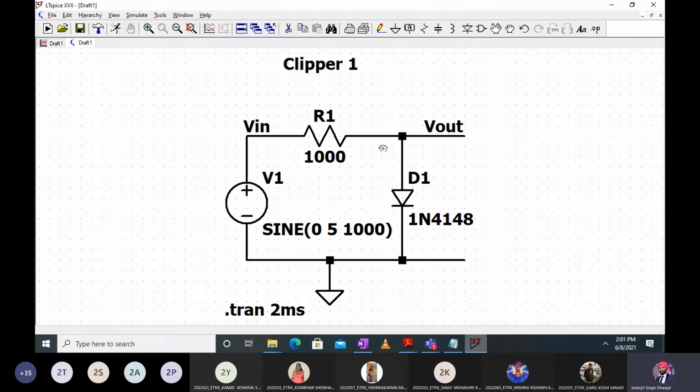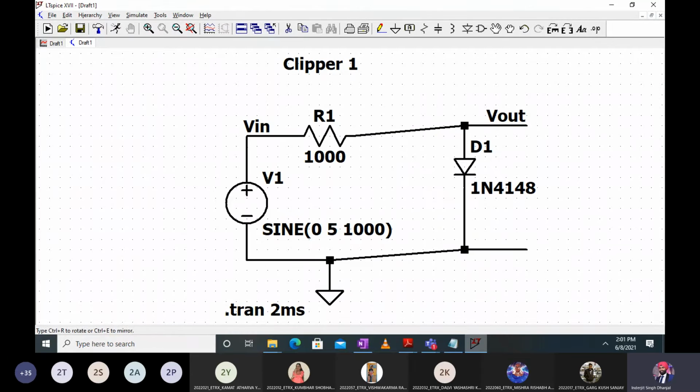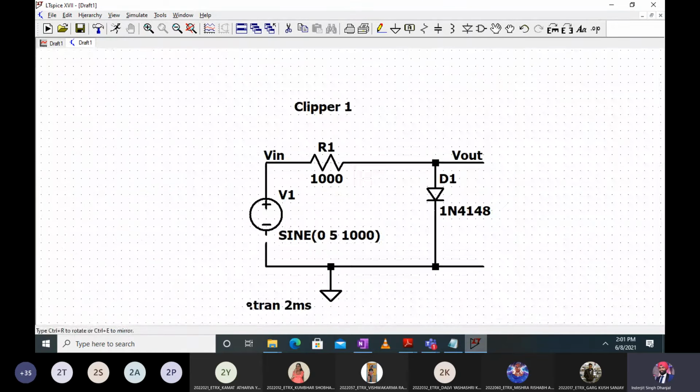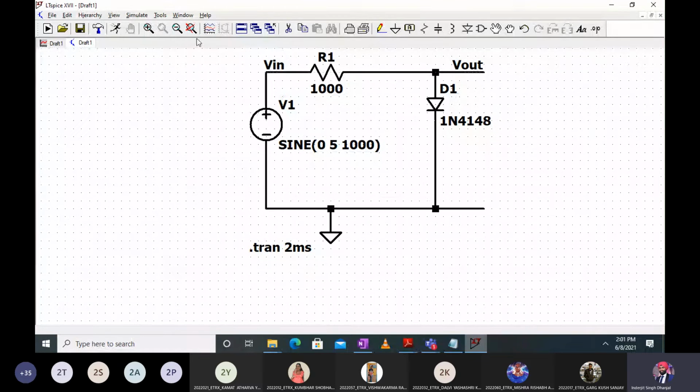So let me push this slightly up, and let me push this over here. I have to increase it because I have to make the provision of adding the battery over here.